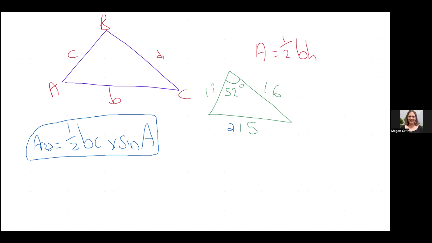I gave you all three sides here because sometimes exams try and trick you. They give you more information than you need so that they can see if you know which bits to ignore. You do not need to use this side at all. You must use the two sides that are not opposite the angle you're using. So in our case, it's going to be half times 12 times 16 times sine 52.